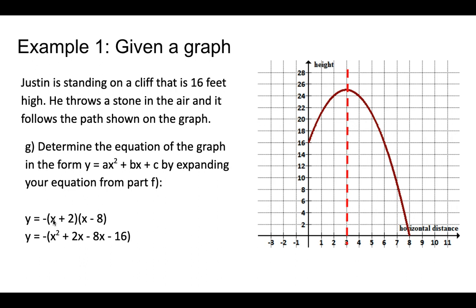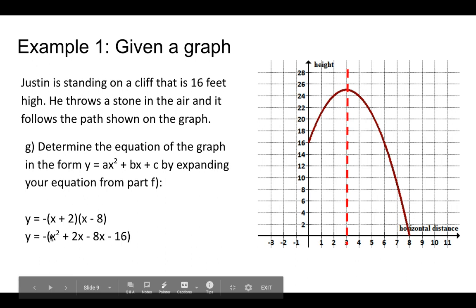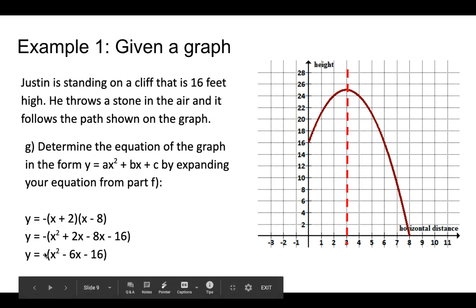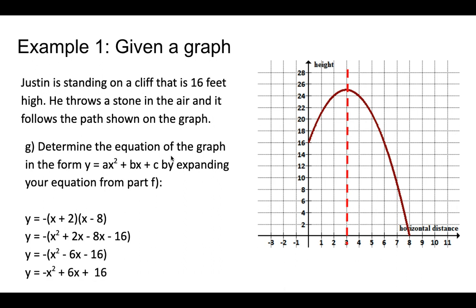Using my FOIL idea, or the area model if you want: x times x is x squared. 2 times x is 2x. x times -8 is -8x. And 2 times -8 is -16. We can combine these two in the middle because you're going to collect your like terms. That gives us negative times (x squared minus 6x minus 16). Now we need to distribute this negative sign into each term. So the final equation is negative x squared plus 6x plus 16.